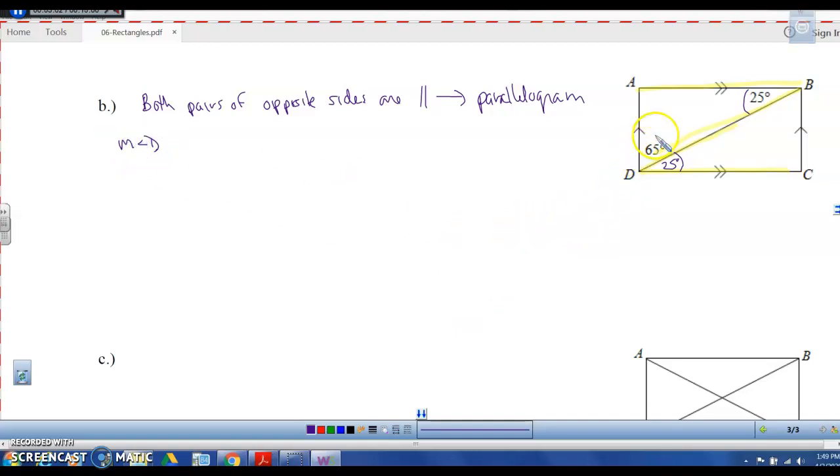Now, what is the measure of angle D? The whole angle D is going to be 65 plus 25. If I add those two angles together, I get angle D. Angle D will equal 90 degrees. What kind of angle is 90 degrees? It's a right angle. So angle D is a right angle, which means a parallelogram with a right angle is a rectangle.